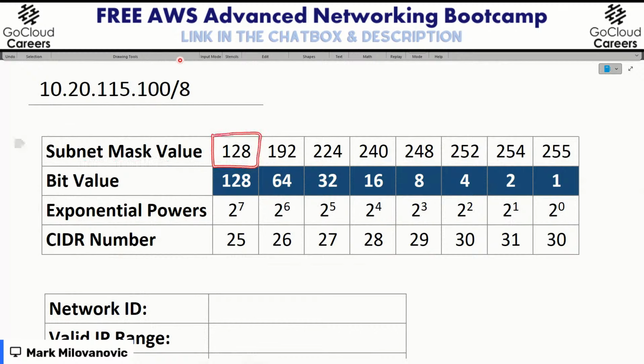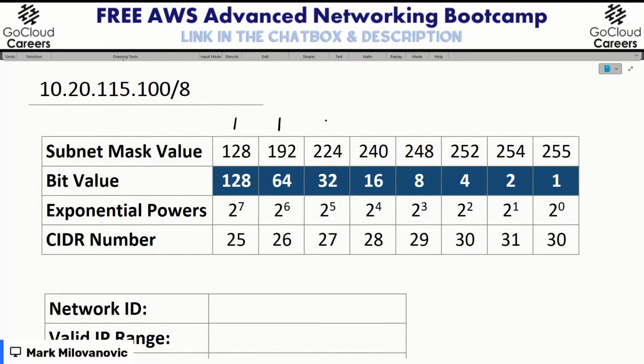This is the example where I originally had this column and row set up, where as we turn on each of these bits, in this case only this bit was turned on, 1. So that would equal what? 128, right? Because that's the value of this bit position. Then I want to turn on the next one, which means now I take 128 and add 64 to it, and I get 192.